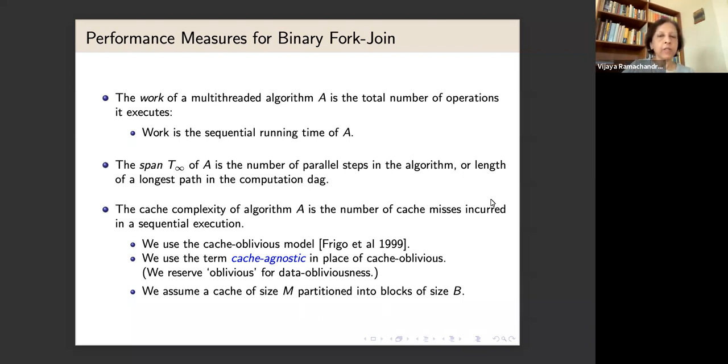We'll use the cache oblivious model of Frigo et al., but we will call it the cache agnostic cost instead of cache oblivious, because we will use oblivious for data obliviousness. We'll assume the cache size is M and that it is partitioned into blocks of size B.